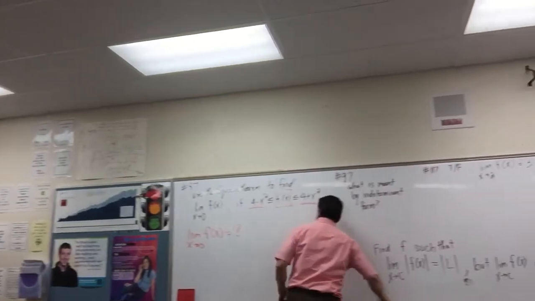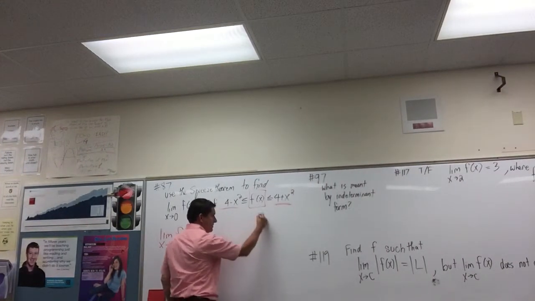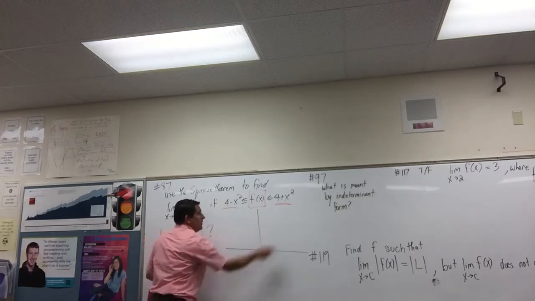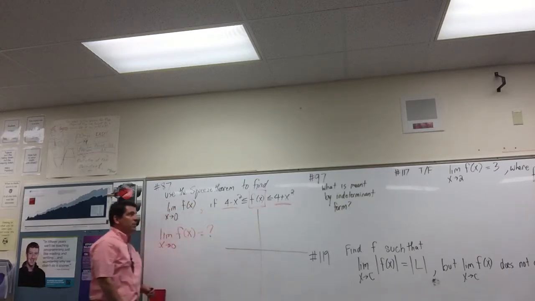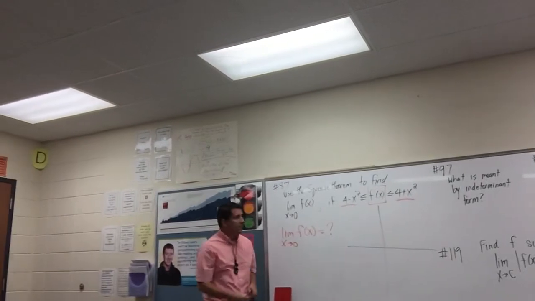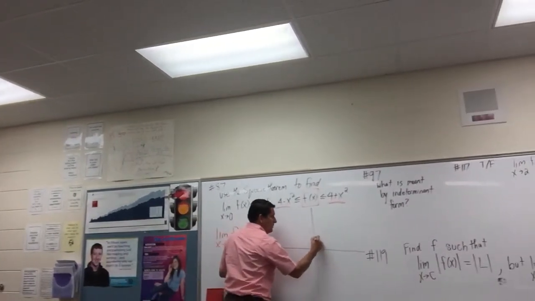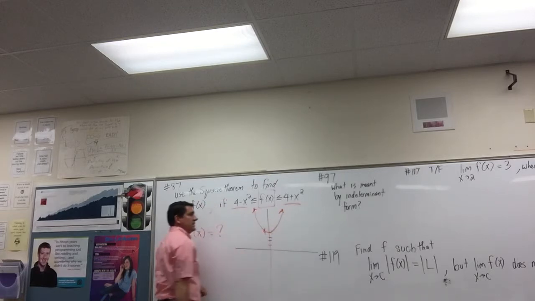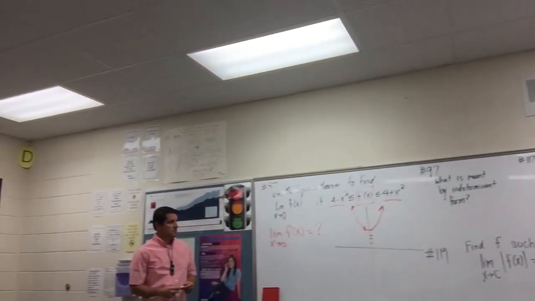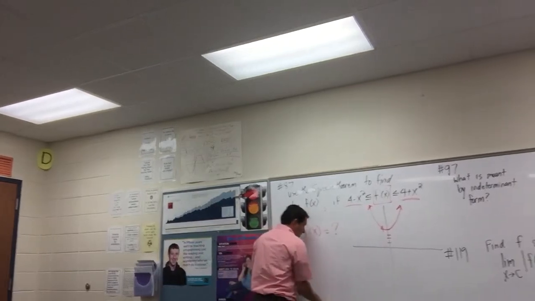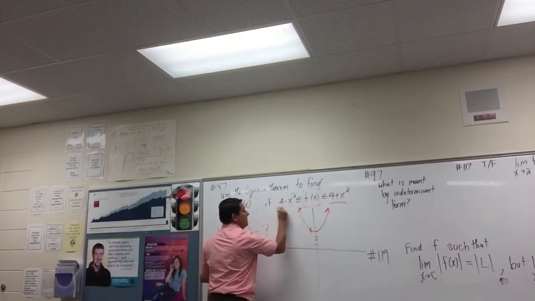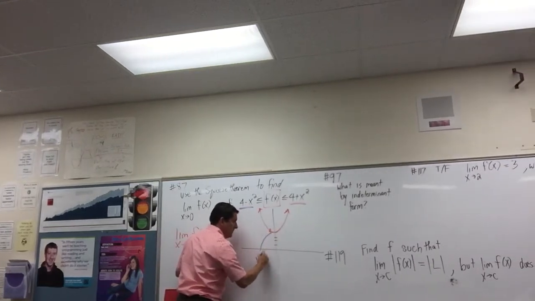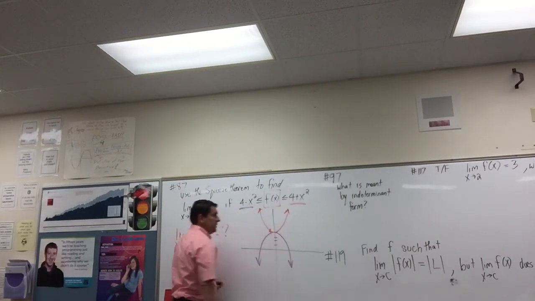I'm just going to do a quick graph. I want to see what this looks like. So 4 plus x squared, graph of that. 1, 2, 3, 4, that's a parabola that looks like that. 4 minus x squared, that's the parabola that looks like this.